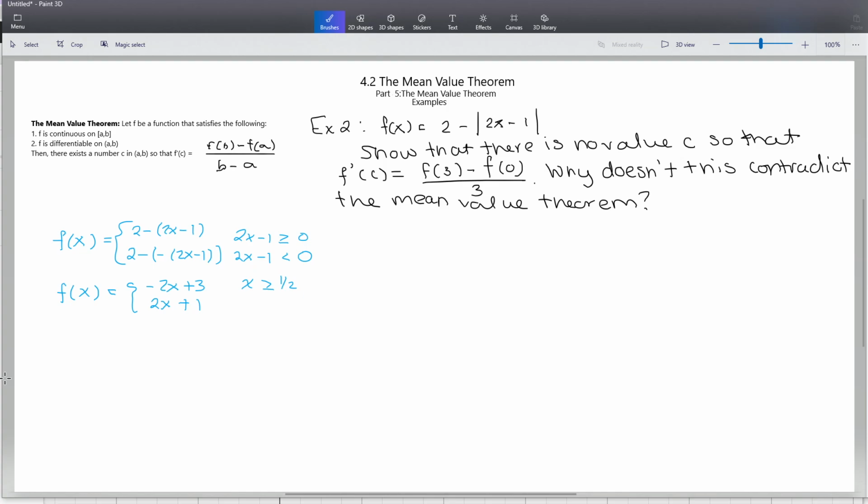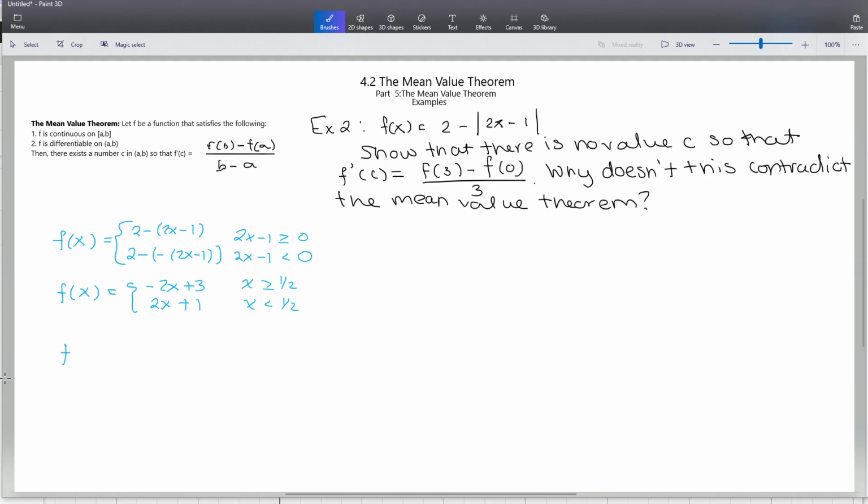And then here, this would be x is less than 1/2, again adding 1 to both sides and then dividing by 2. So that's how this function looks as a piecewise function. I really suggest, if you're starting out, to write it out like this, and then you can always simplify it.